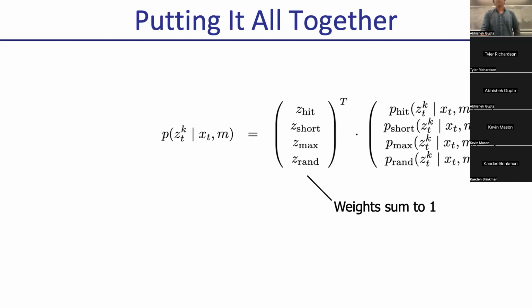And your likelihood of the particular value is just some weighted sum of these four types of errors. You're going to have some proportion of weights for each of them, and you're going to sum them up. And for every system, you have to identify what these values are going to be. That's going to be some amount of parameter tuning that you have to do. But generally, all our sensor models are going to be of this form. So just think of it as Gaussian plus exponential plus maximum plus uniform.